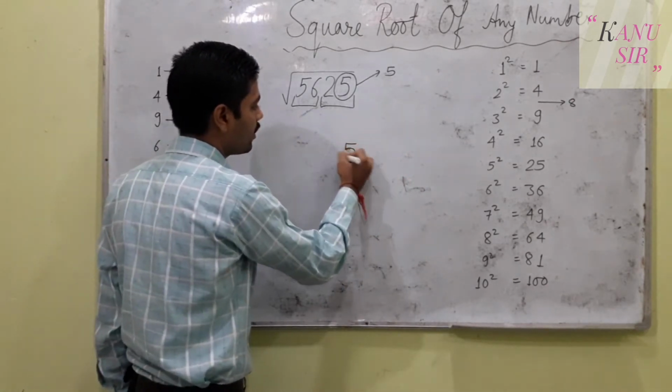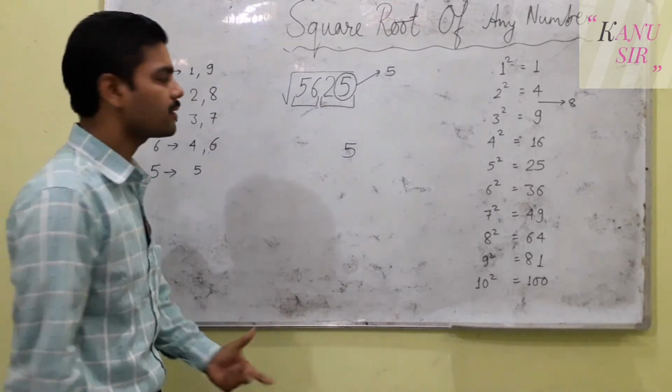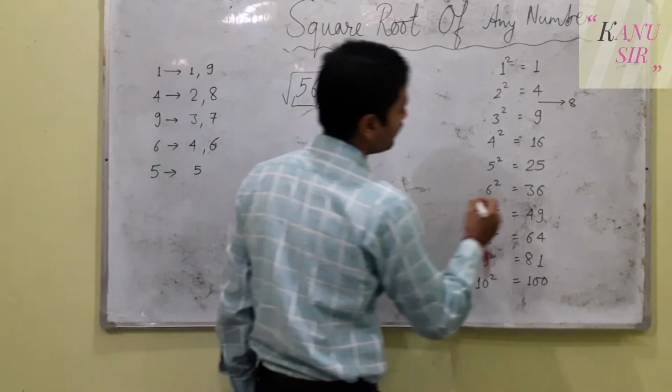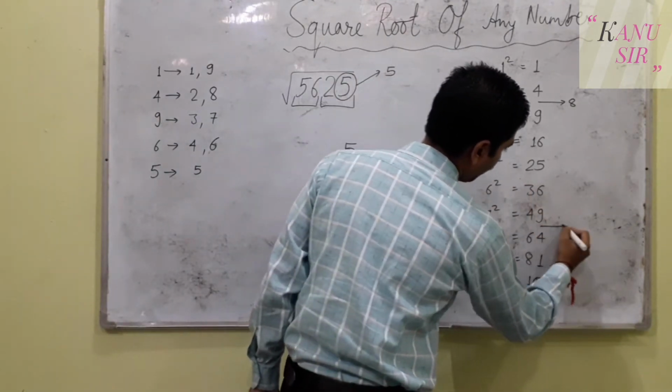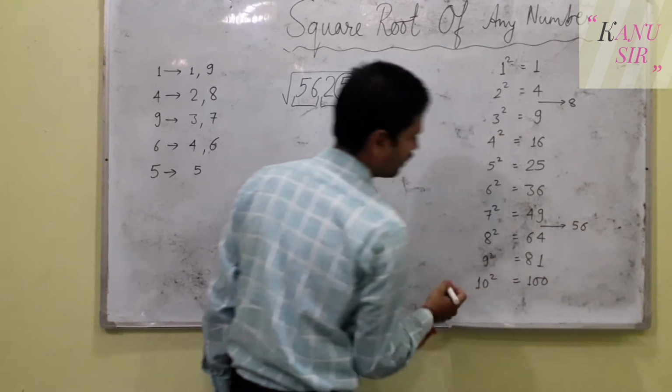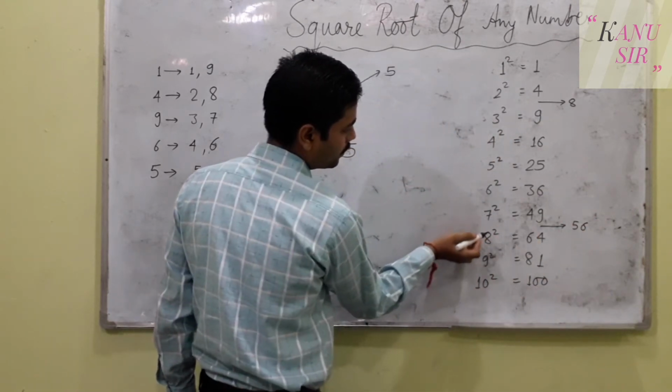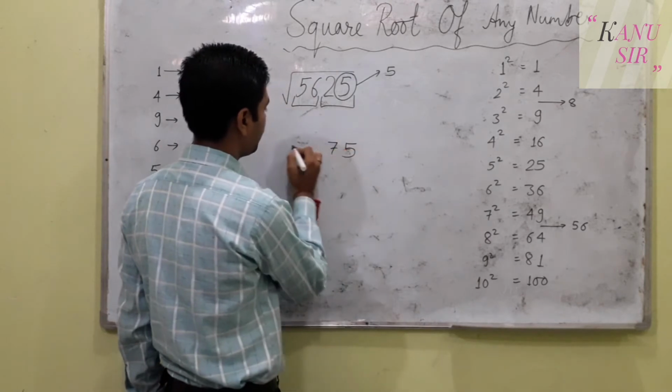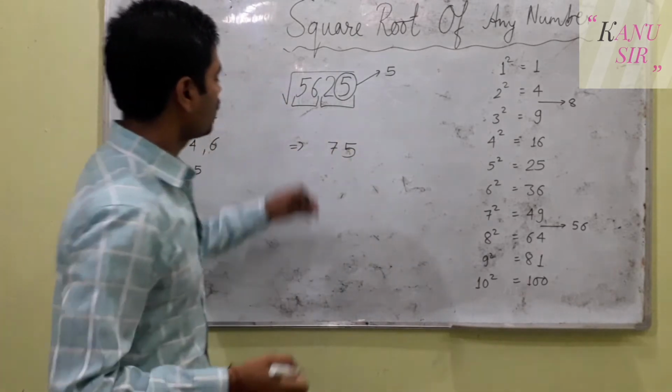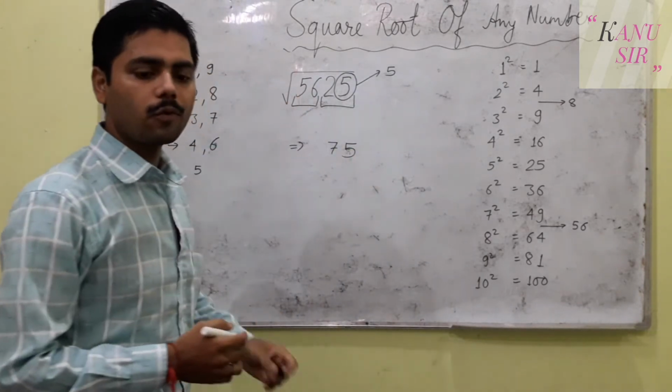Our answer is confirmed that there is 5 in the units place. But 56 lies between 49 and 64, so the smaller number is 7. So the answer is 75. This is applicable in both formulas.